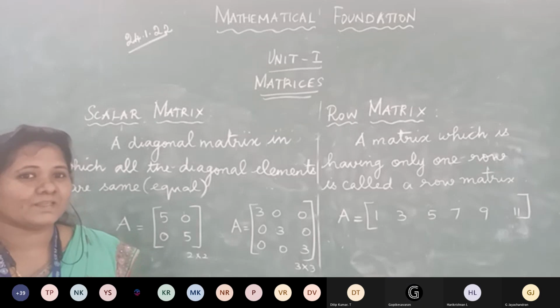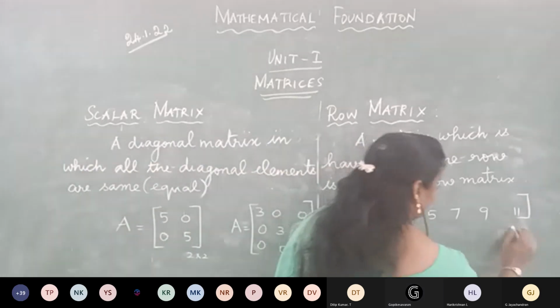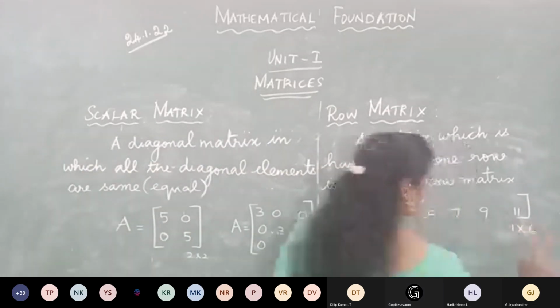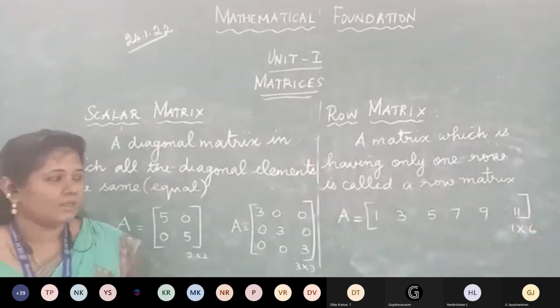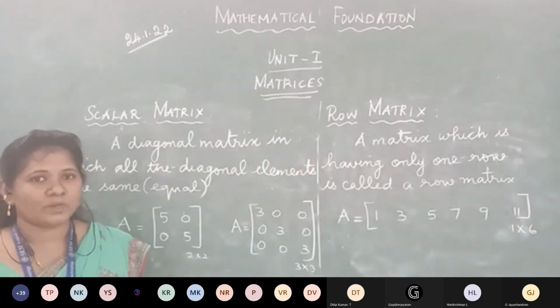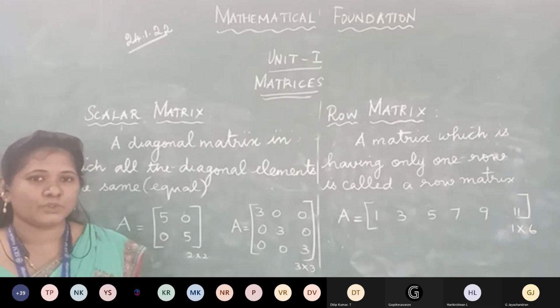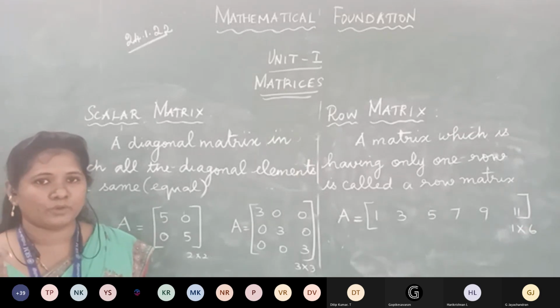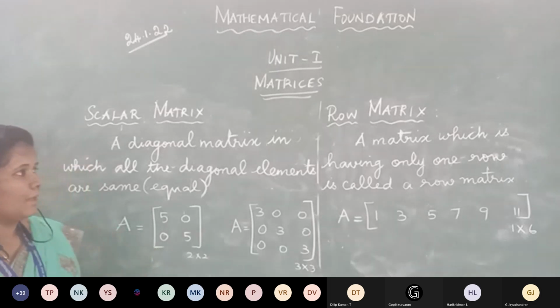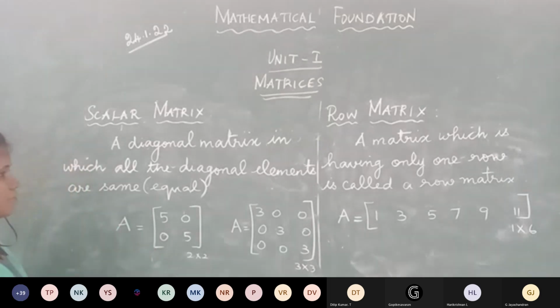Very good. So your order will be 1 cross 6. And this is your row matrix example. You can give any example with one row. And similarly, write your column matrix also.